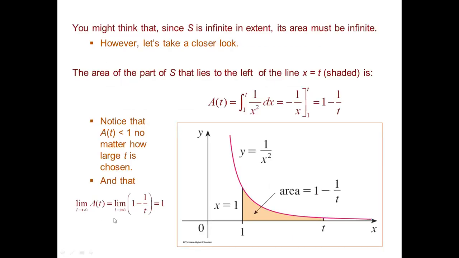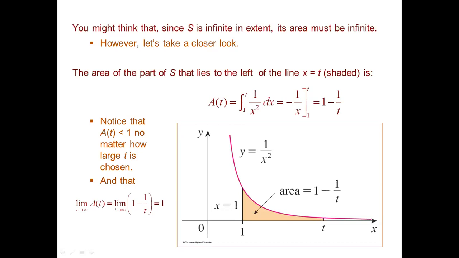So we say that the limit of 1 minus 1 over t as t approaches infinity is equal to 1. This value, if we increase t, will always be less than 1, but as t approaches infinity, the value is equal to 1. It approaches a value which is very close to 1.